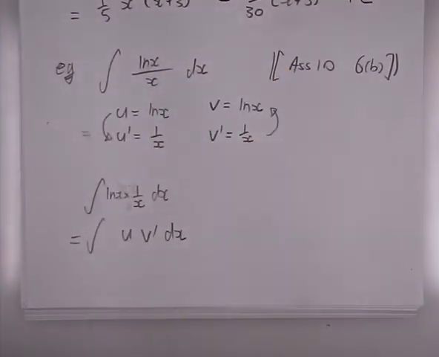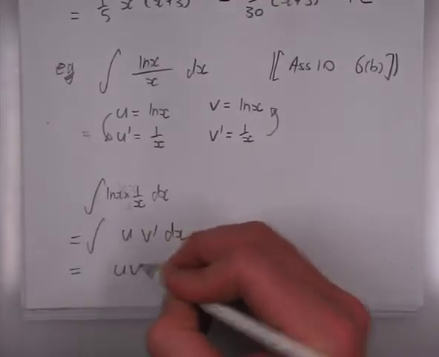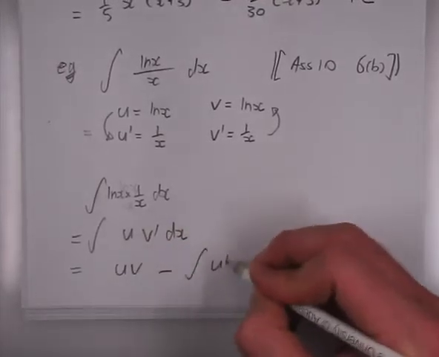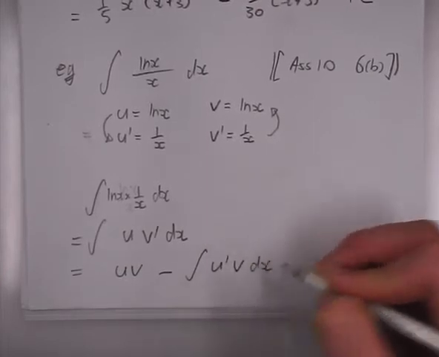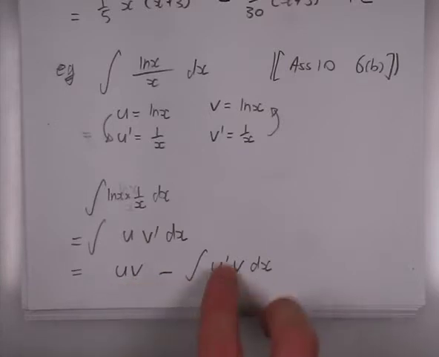Okay, great. So this will come out as uv minus the integral of u dashed v. The dash will disappear first, and then a dash will go onto the other one.